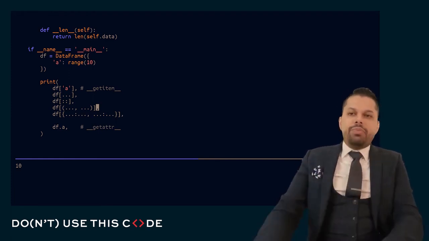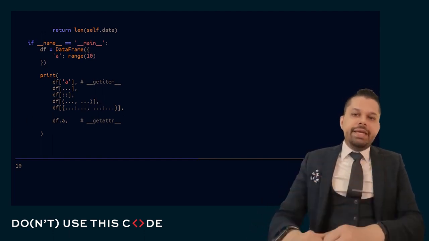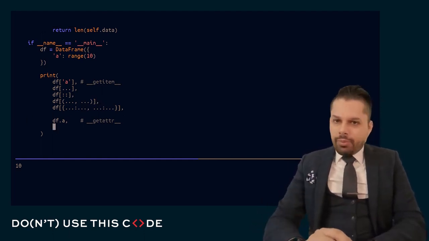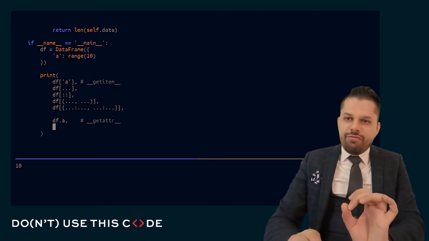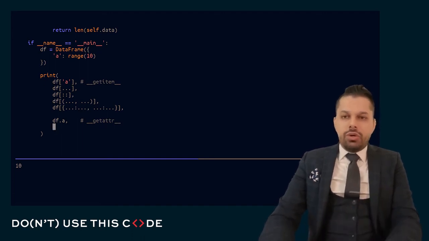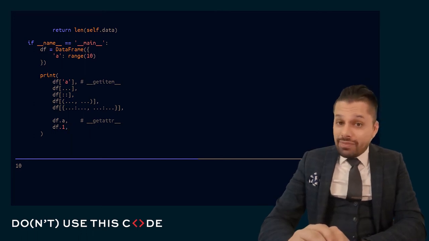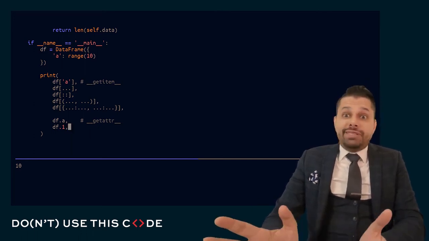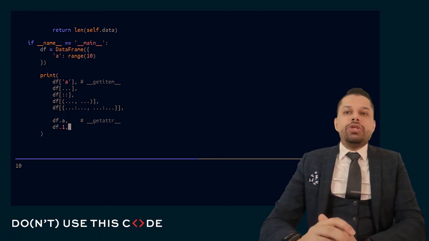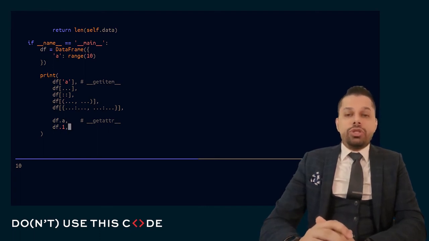When you think about the getAttr protocol, well, the actual key, the attribute name that the getAttr protocol can take, must be a valid Python identifier. And so if you had a pandas column name, and that column name happened to be something that started with a number, you can't use this particular protocol in order to look this up.